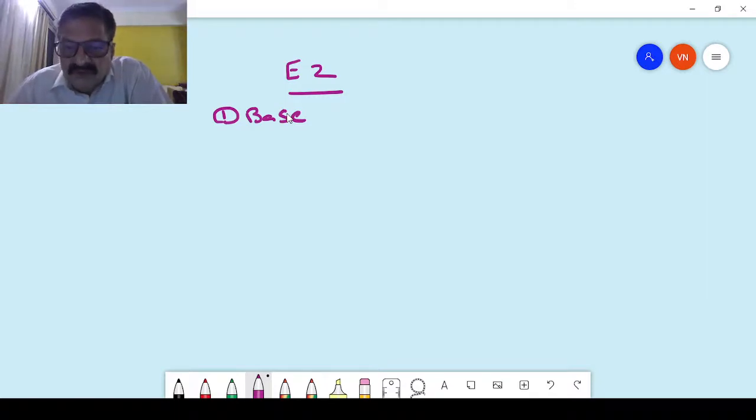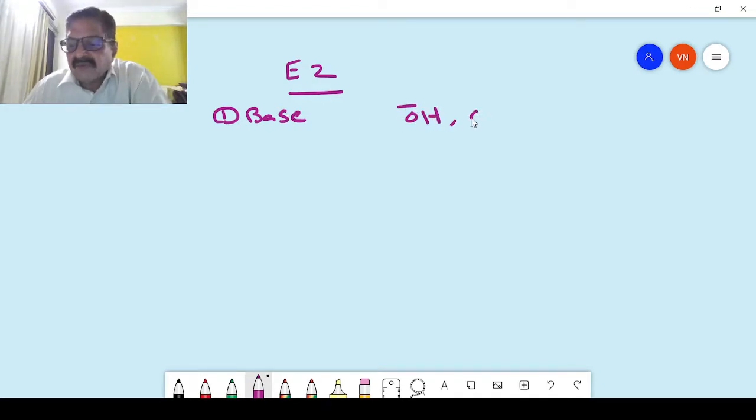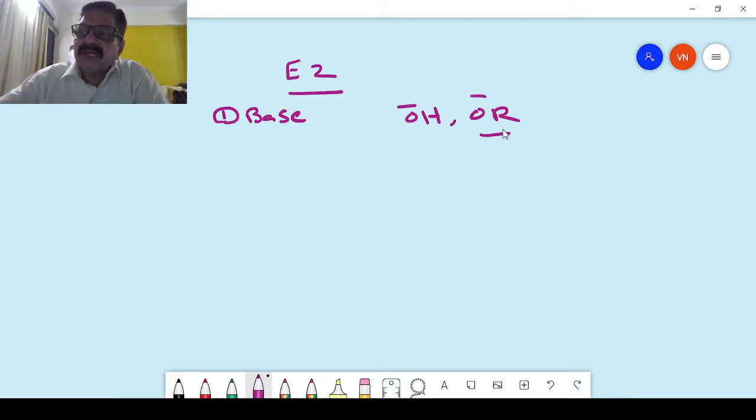So usually, just like in the case of the SN2 reaction, we are using strong, negatively charged bases, that is OH minus, OR minus, and these kinds of bases are being used here.